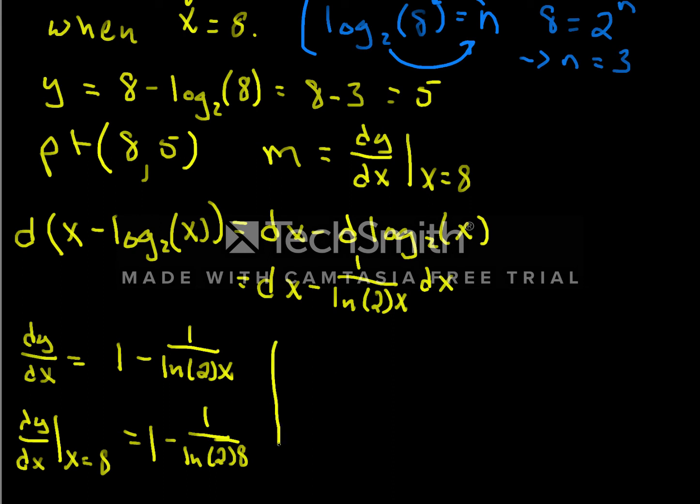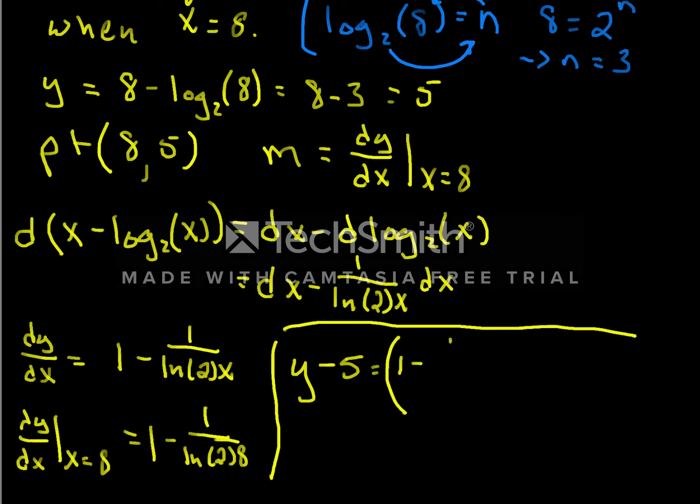And then we put it into point-slope form. Our tangent line is going to be y minus our y coordinate, which we calculated as 5, is equal to our slope, 1 minus 1 over 8 ln of 2, times x minus our x coordinate, which is 8.